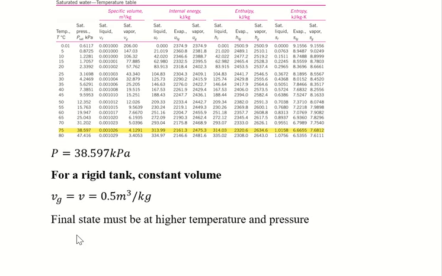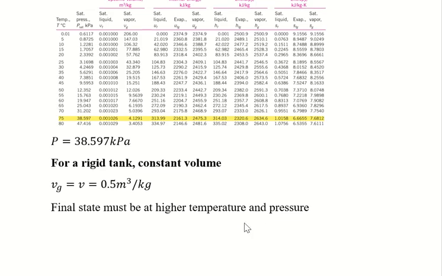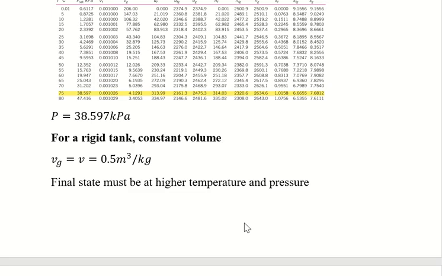So for the final state, what we want, the final state must be at a higher temperature and pressure. This should be quite obvious. It's at the verge of being superheated, so we should expect very high temperatures and pressure. For someone who has been really following, you should understand why I did this.